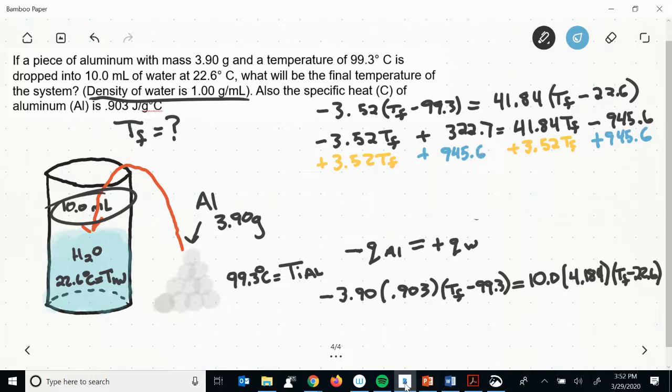Should probably do that in two steps, but I hope you're with me. So on the right side, I'm going to get 41.84 plus 3.52, get 45.36 TF. And on the left side, I get 322.7 plus 945.6, and that is 1268.3.